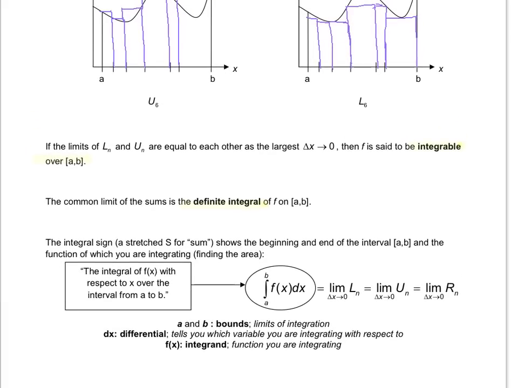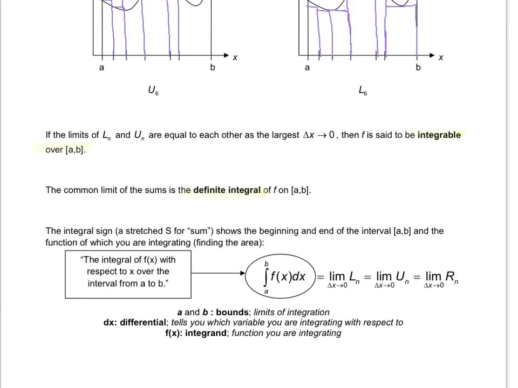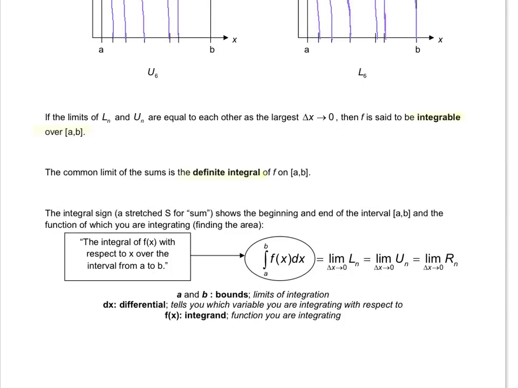If an upper limit overestimates and a lower limit underestimates, then if you make the widths of those go closer and closer to 0, meaning you're getting more and more rectangles, if those limits become the same, then that means that's what the area is.